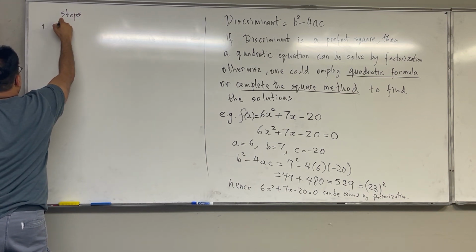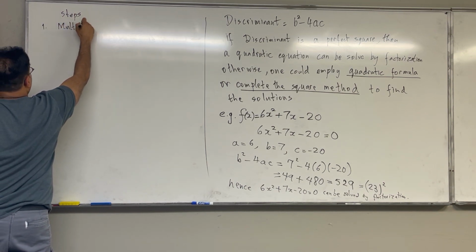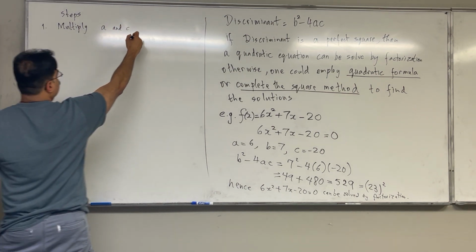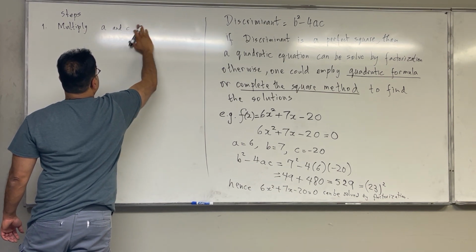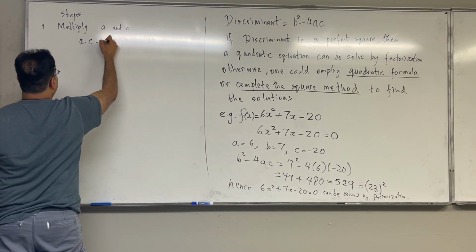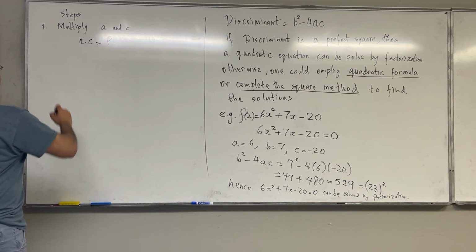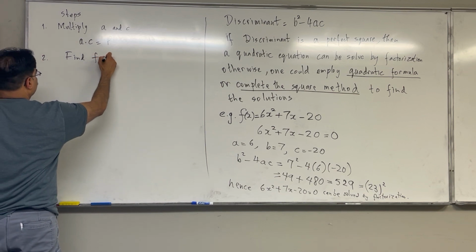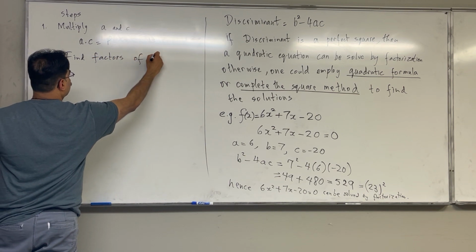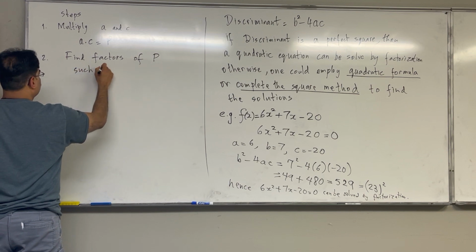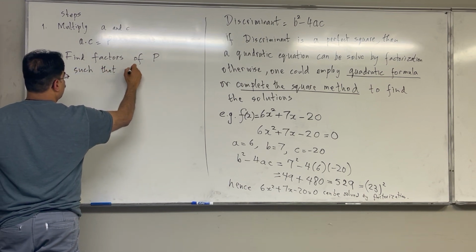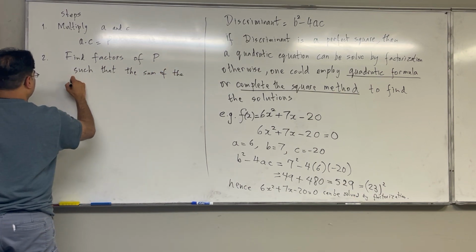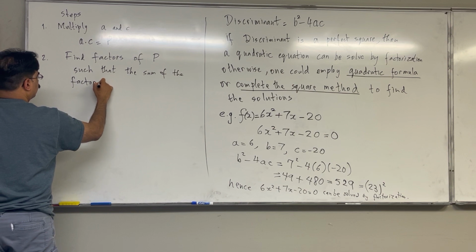First step, multiply a and c. Whatever answer you get, let's say a times c is equal to p. Then we find factors of p such that the sum of the factors is equal to b.